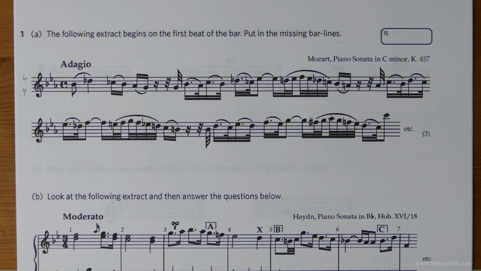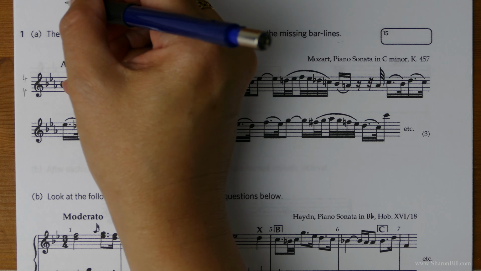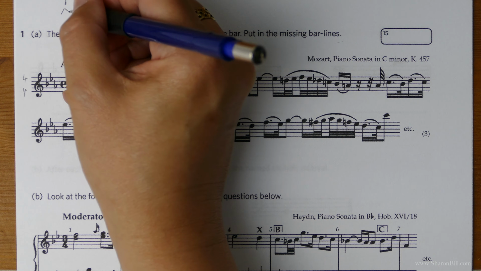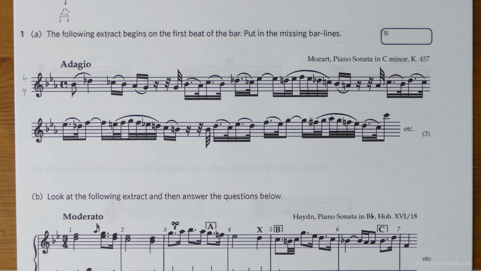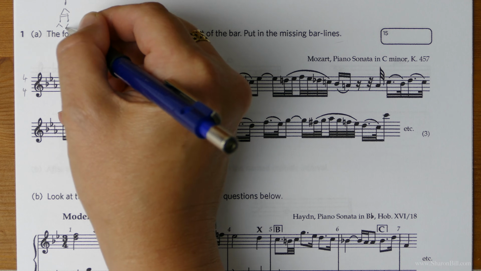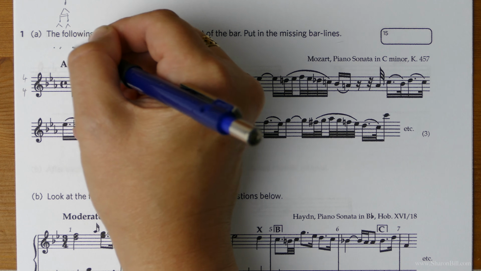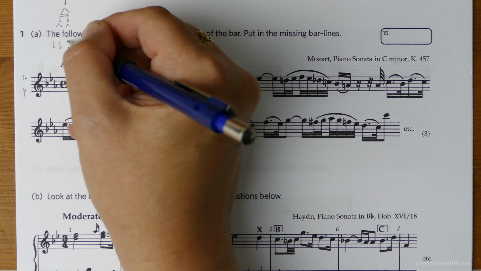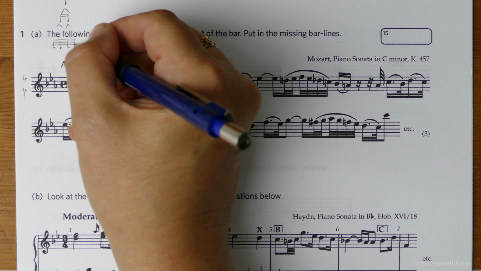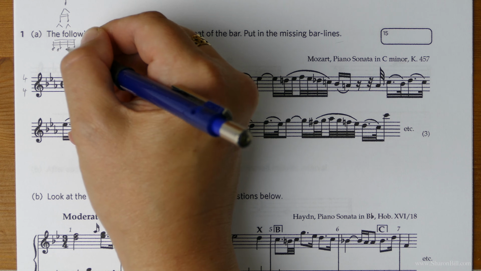And it might just be helpful before you get going to remind yourself that one quaver, 1/8 note, divides into 2 semiquavers, 2 16th notes, and they themselves divide into 4 demi-semiquavers. That's 3 lines, or 32nd notes.